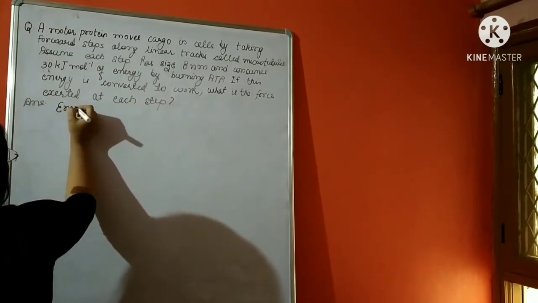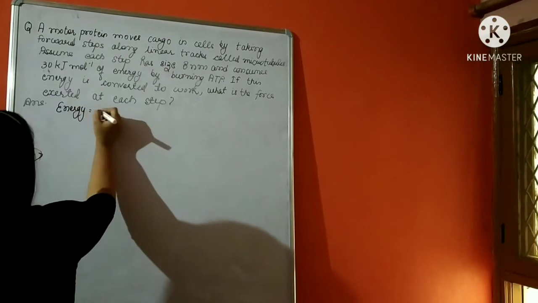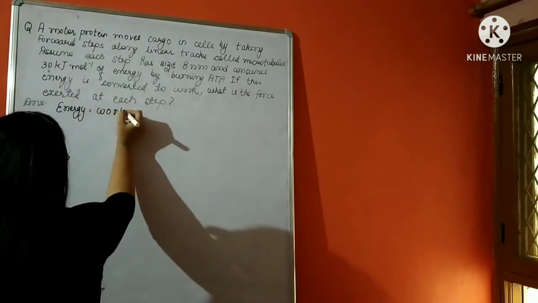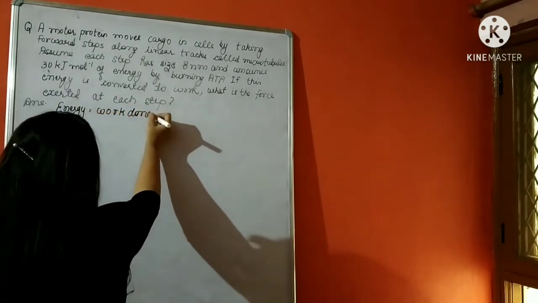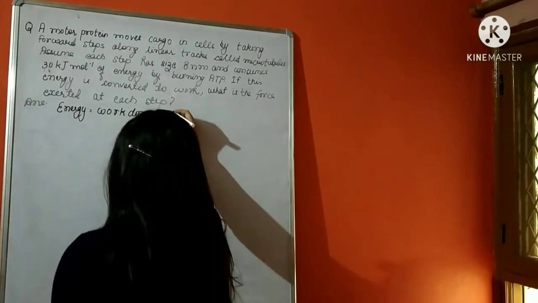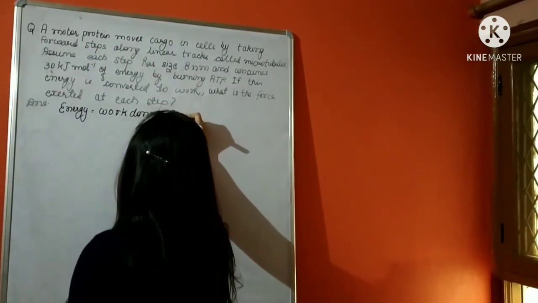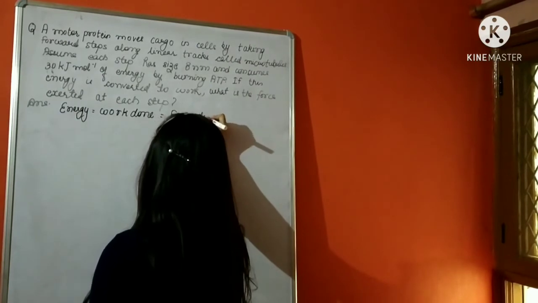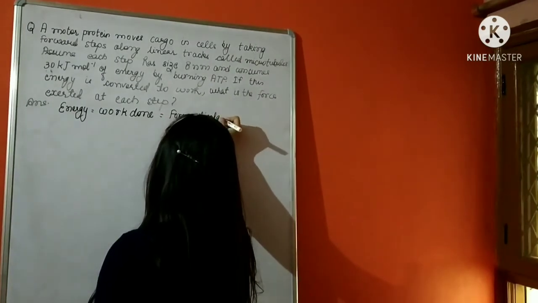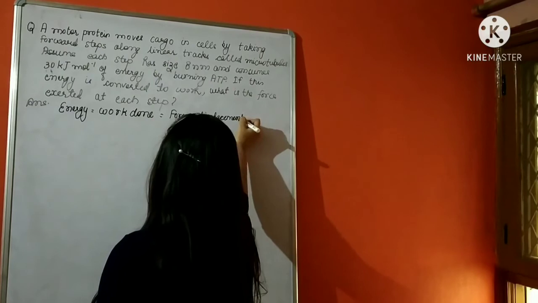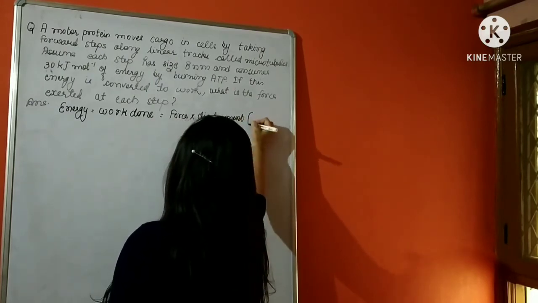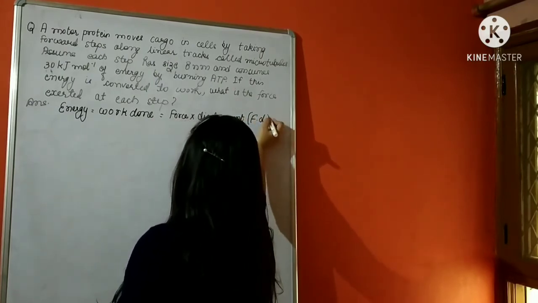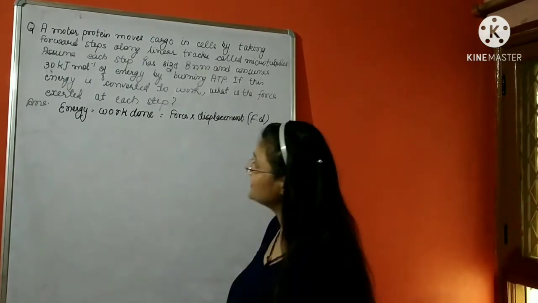Energy is equal to work done. They both are the same thing. Is force into displacement. Or we can say F into D. So this is the formula.